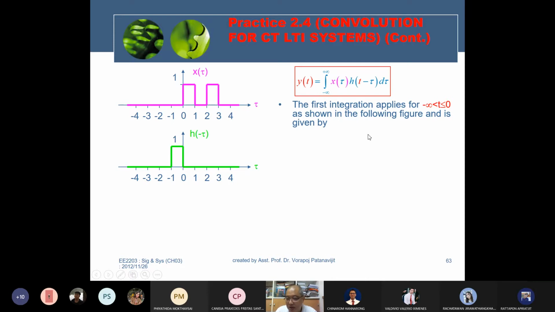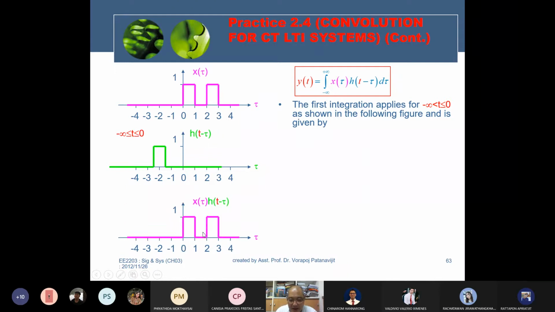The first integration is applied from minus infinity to 0. The pink one is fixed here, and the green one is here. We assume t is any value between minus infinity and 0. In this case, we plot it as minus 1.5 or minus 2.5, depending on you. For time less than 0, the pink one equals 0, therefore the multiplication of them equals 0 too.